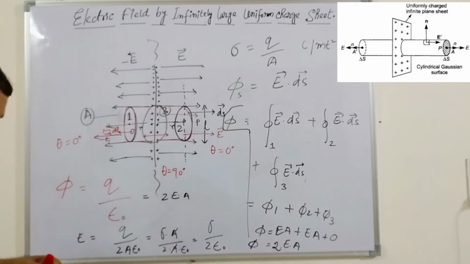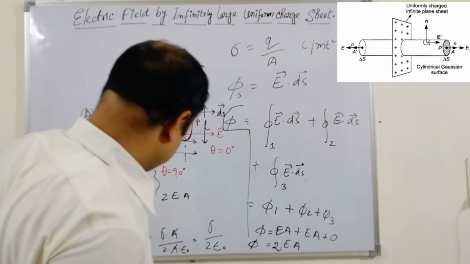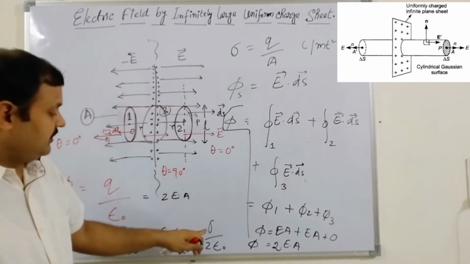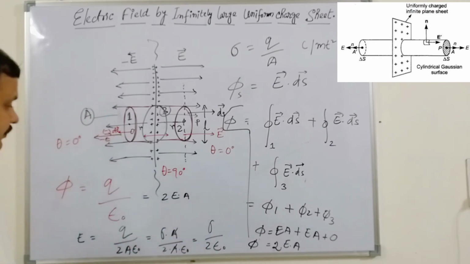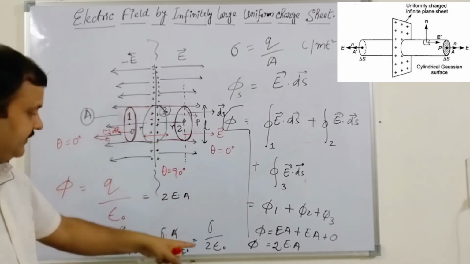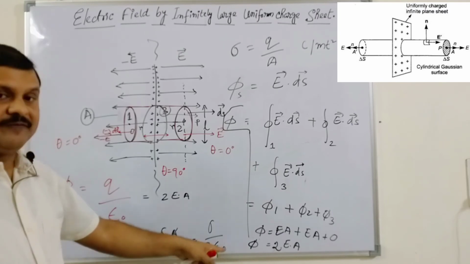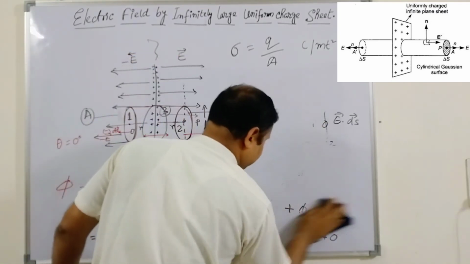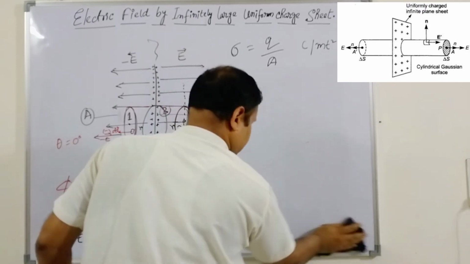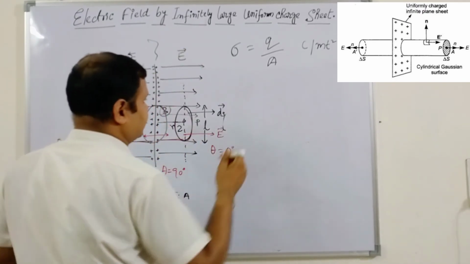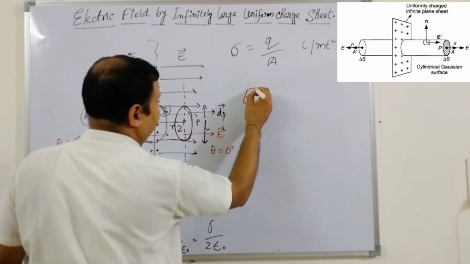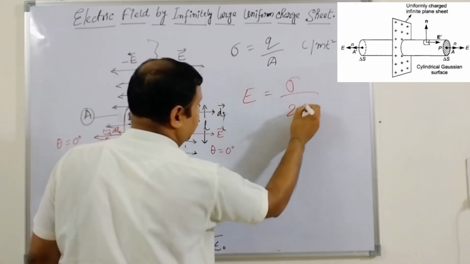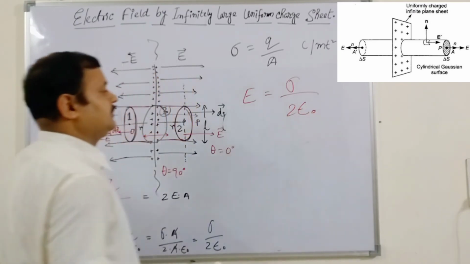So what we found is that the electrical field is equal to the areal density of charge on this plate divided by 2 epsilon naught. We can write it very simply: E is sigma, the areal density of charge, over 2 epsilon naught.